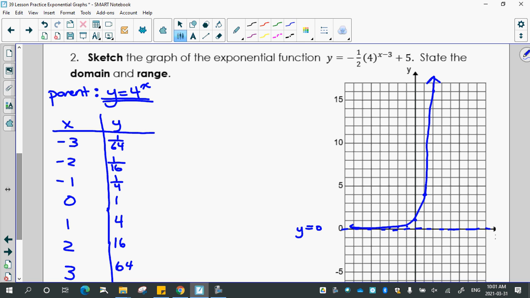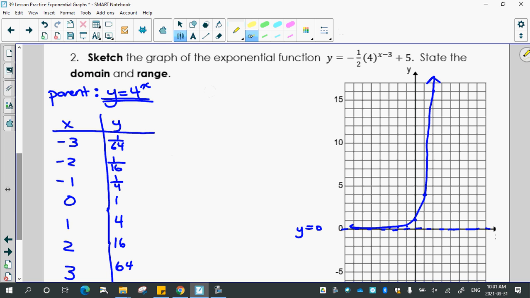Everybody good there for your parents? Okay, so now you look at the image and decide whether it's ready for highlighting or not ready for highlighting. Ready? So you look at the exponent, there's only one thing happening in the exponent. So I'm ready for highlighting.